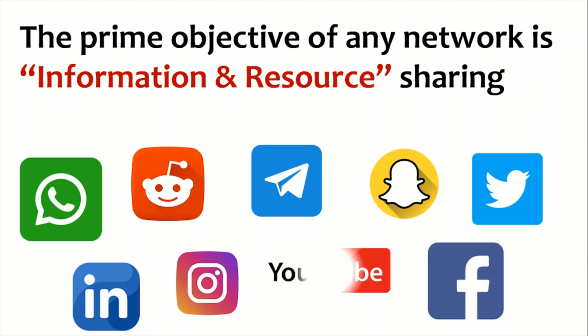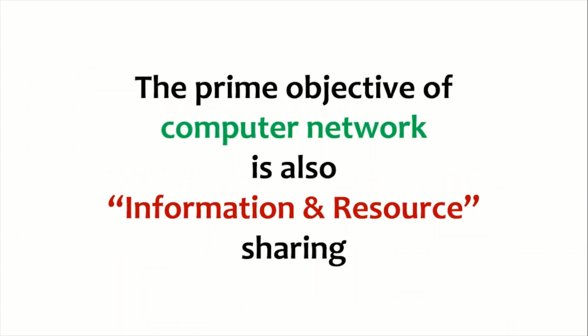And last but not the least, YouTube, again a huge network where we share information and our resources. Now the prime objective of any computer network is also information and resource sharing. A computer network is again a network, so the prime objective is again information and resource sharing.